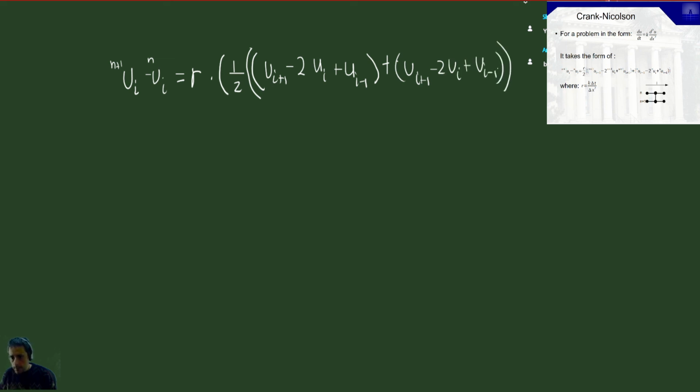That one is at time n+1, and this one is at time n. So these are the known times, these are unknown, and we say that that time interval, that difference in the step, is equal to r times the average point.